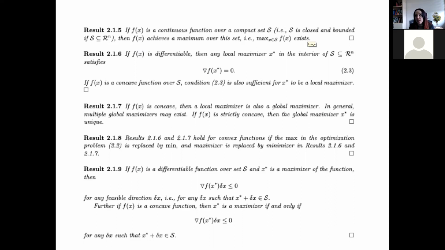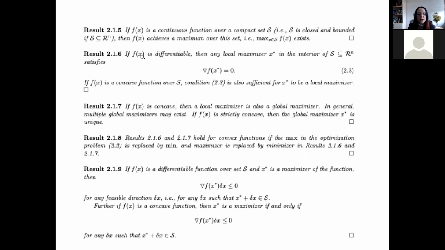Because if S is not closed, then toward the boundary, f can keep increasing and increasing, so we won't have a well-defined maximum point that is achieved inside S. But if S is a compact set, clearly there's going to be some maximum or maxima over the set S.